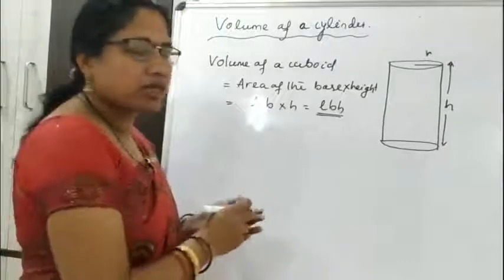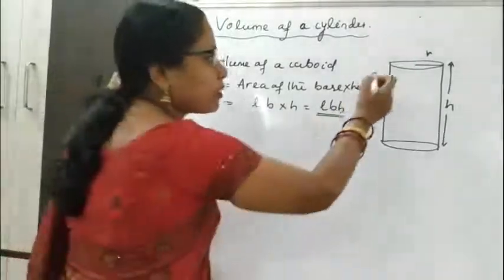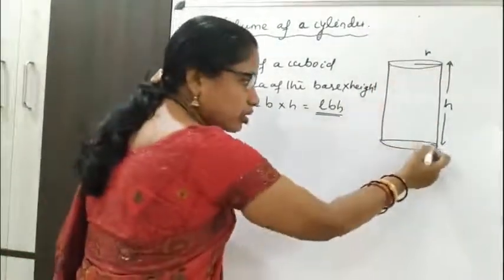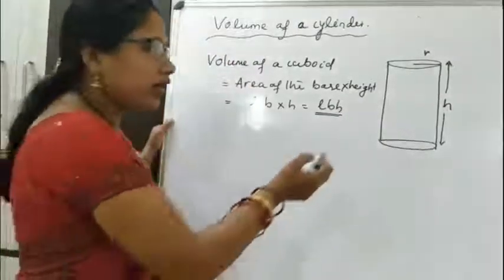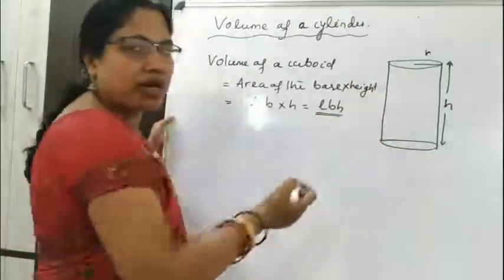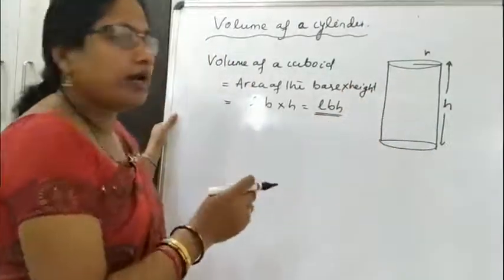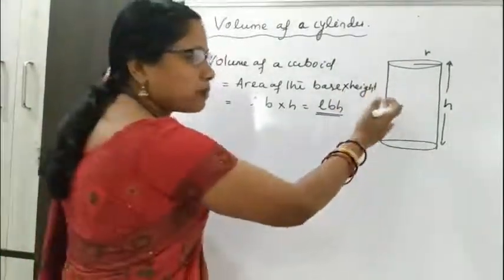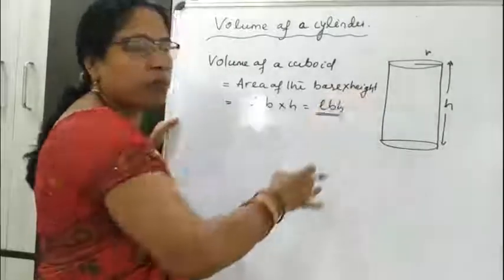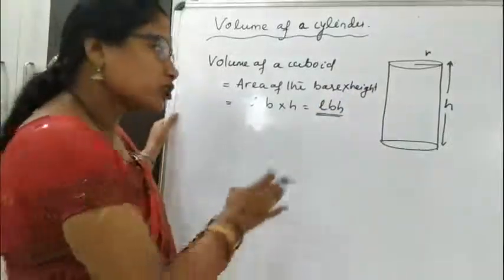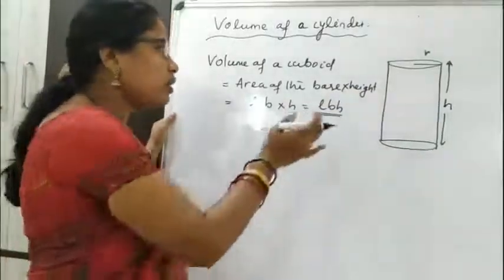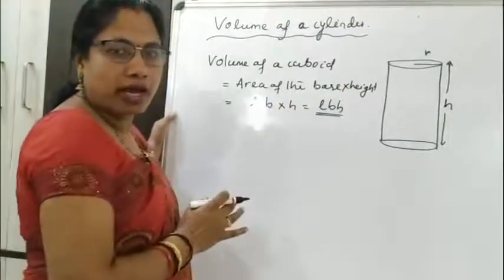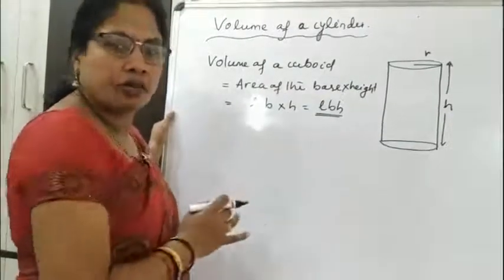In the case of a cylinder also, the upper base is a circle, the lower base is also a circle, and these two bases are congruent and parallel to each other. Also the curved surface of the cylinder is perpendicular to the base. So we can apply this formula to find the volume of a cylinder.